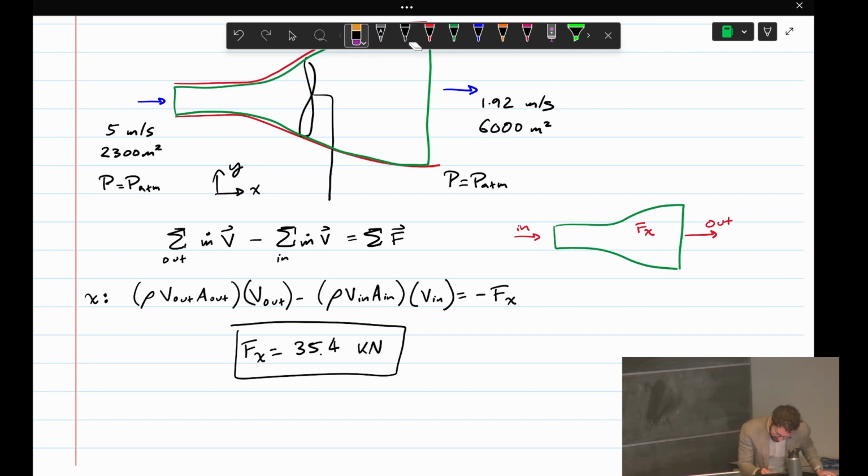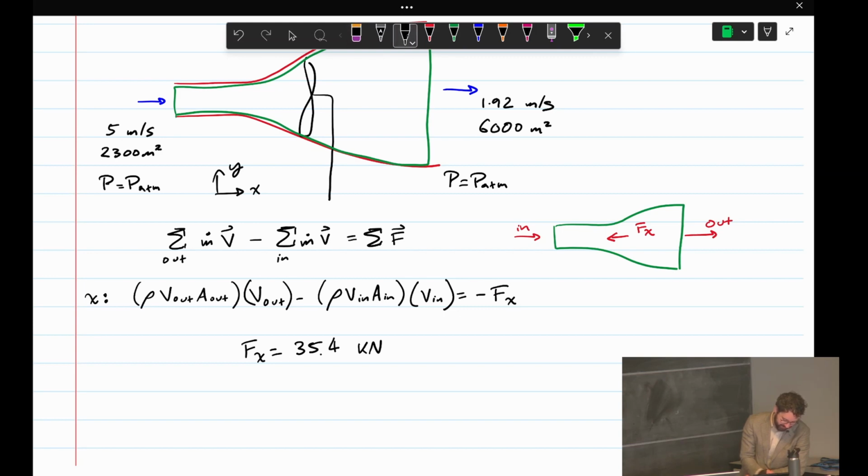Okay, so let me explain. We expect a wind turbine should feel force in that direction. But since the force is equal and opposite, the force that the wind turbine applies on the fluid is actually in this direction. So this will be negative Fx. So that Fx is the force that the wind turbine applies on the fluid, which is in the negative direction.